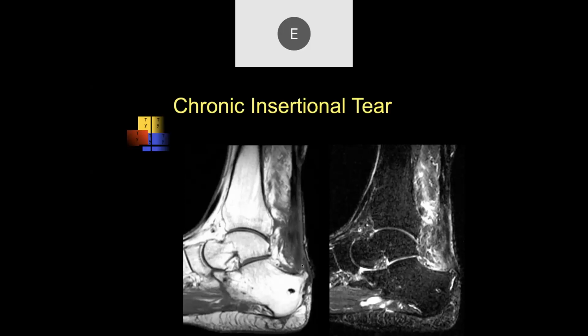I think this is a chronic insertional tear where you have a tear and a lot of scarring that's developed in situ. So this is like what we see in the supraspinatus tendon occasionally, or in the subscapularis, where you'll get complete tears.